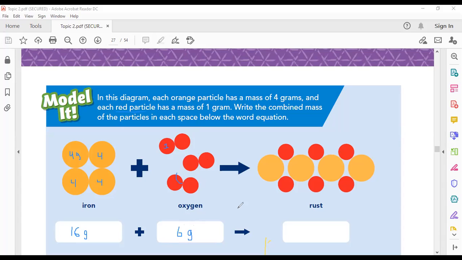Now let's calculate the mass of the rust. The rust is made up of iron and oxygen, so it is 16 plus 6, which equals 22 grams.